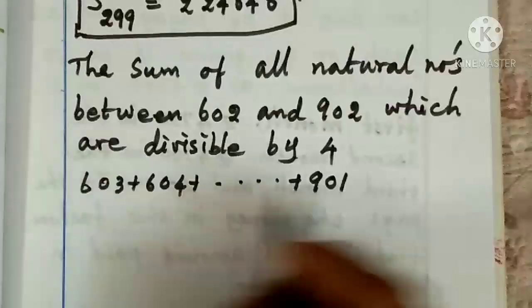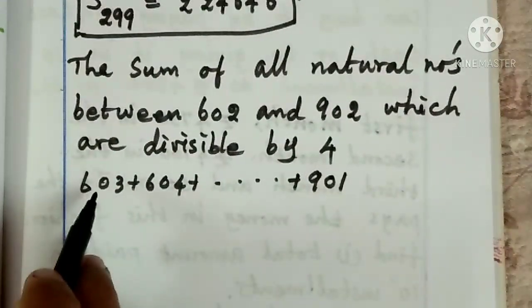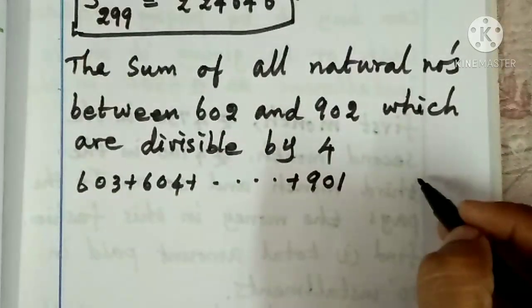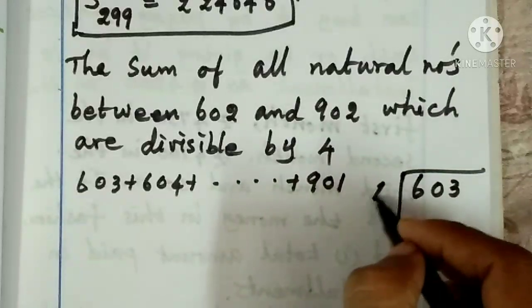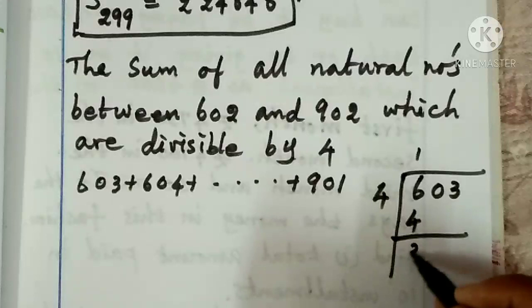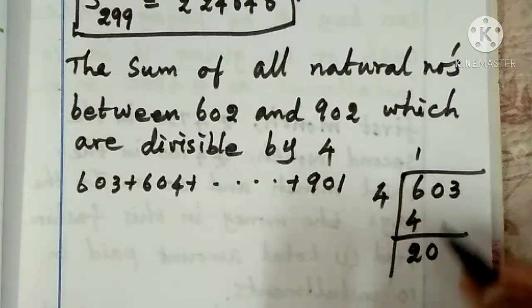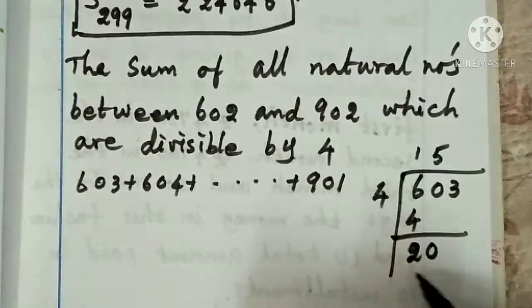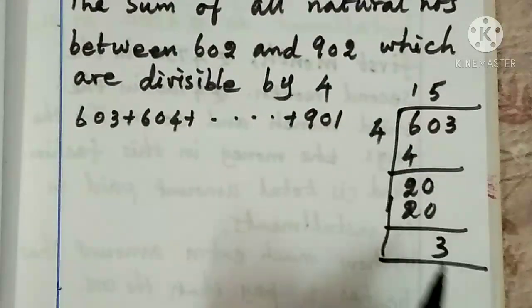First number, let us see. You have to divide this number by 4, and we get the remainder. That is 603 divided by 4. 1 4 is 4, remainder 2. The next number 0. 5 4s are 20. Then take down the next number, that is 3. Hence here the remainder is 3.